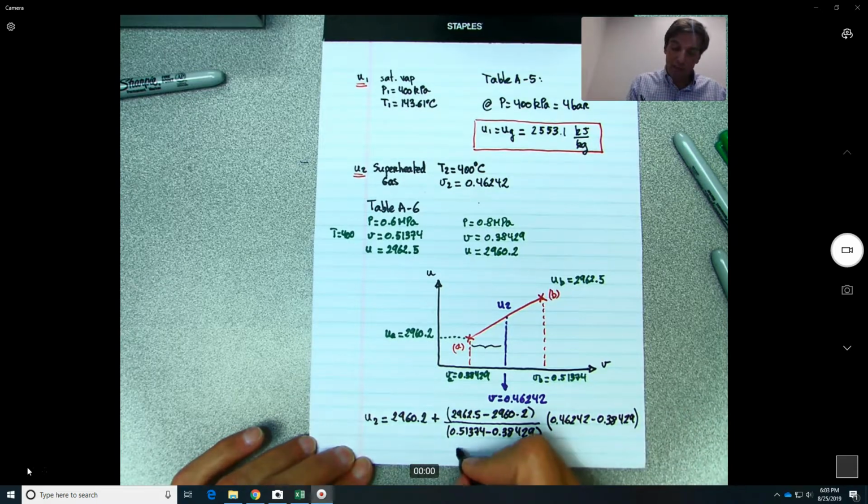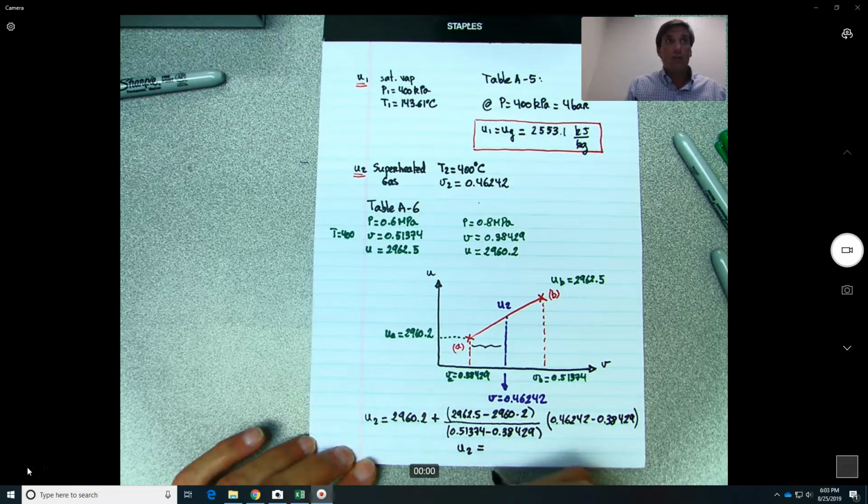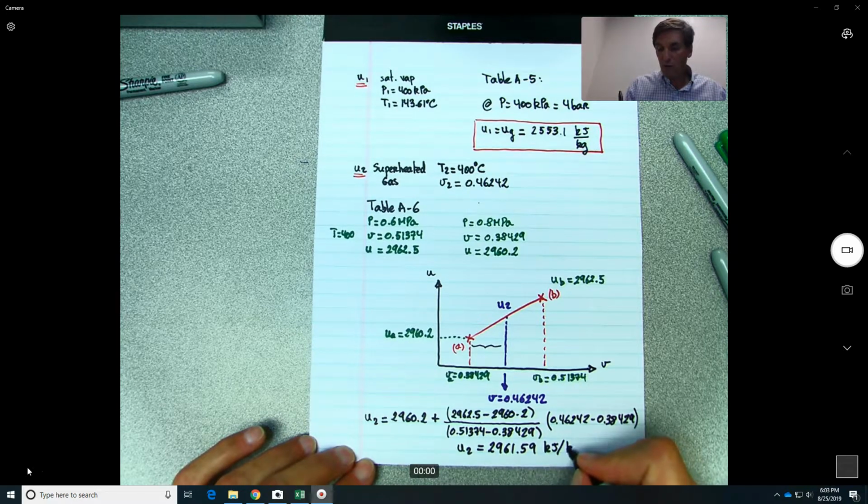And if you do this calculation, you get 2961.59 kilojoules per kilogram.